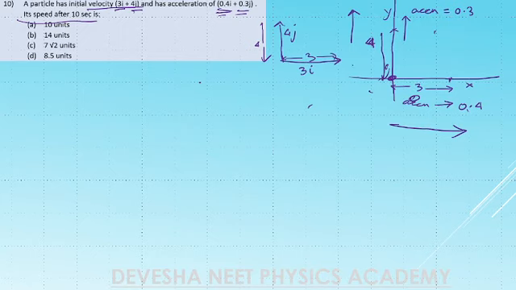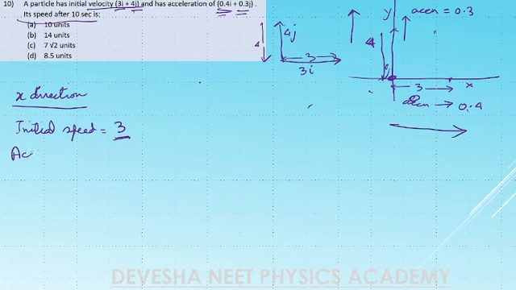So let's talk about the x direction now. What is the initial speed? Initial speed is equal to 3i, or 3, and acceleration is equal to 0.4.